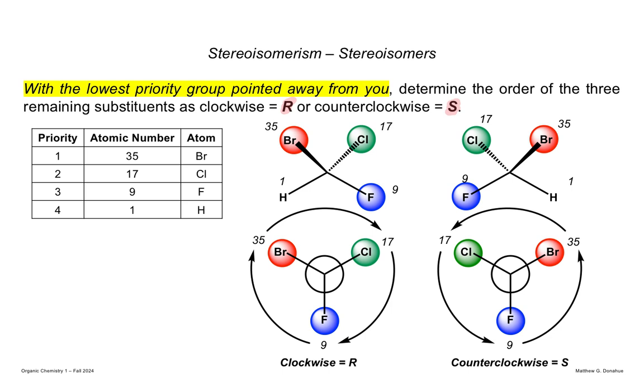So R stands for rectus. So S, that's the root of these, where the R and the S come from. And so that's how we can now put a descriptor in front of the name to differentiate the two mirror images.